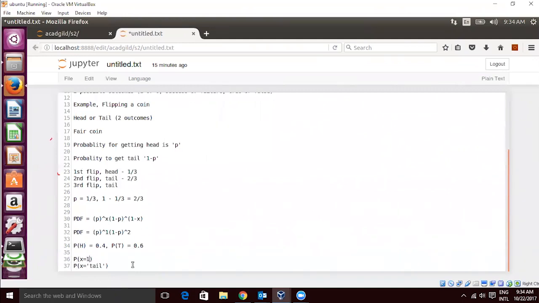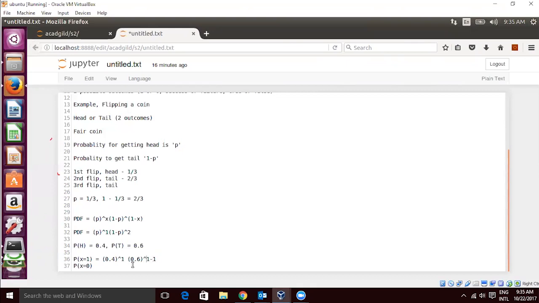Let us take it like this. Head is 1, tail is 0. If someone asks you what is the probability to get head, P is 0.4 to the power of 1 into 0.6, which is 1 minus 0.4, to the power of 1 minus x, which is 1 minus 1.